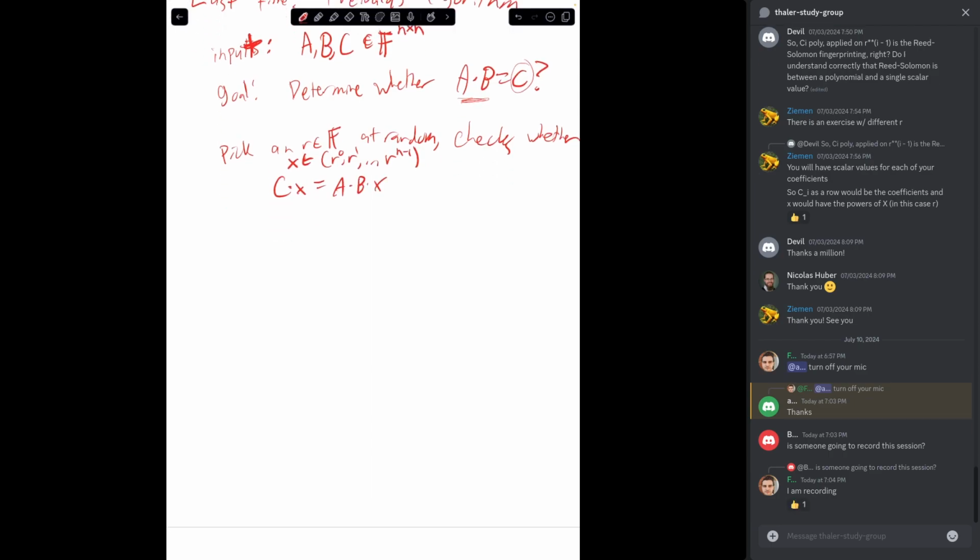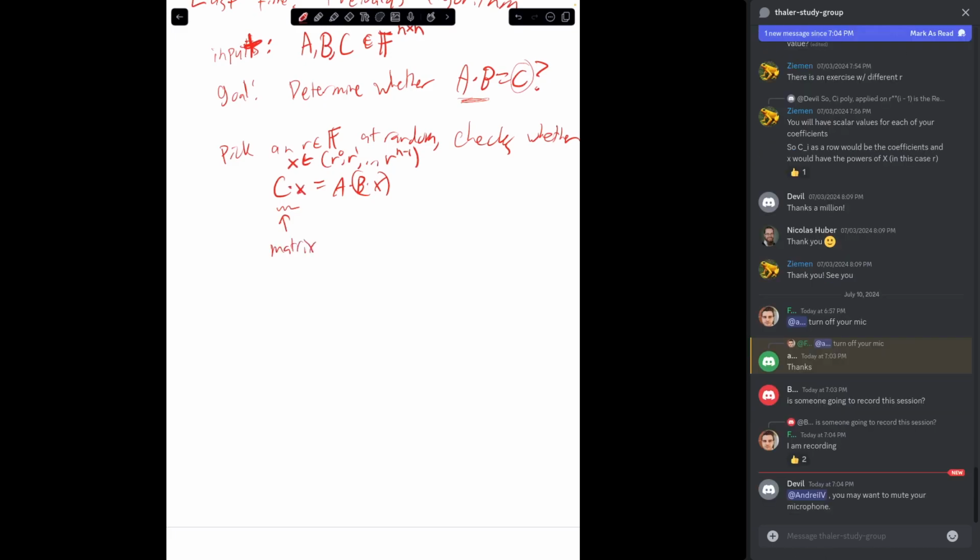And the key point from an efficiency perspective is that you can compute A times B times X with just matrix vector multiplications. So CX is one matrix vector multiplication. Computing BX is another matrix vector multiplication.